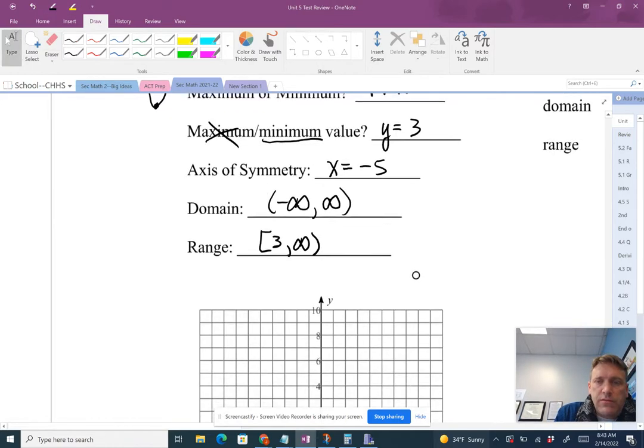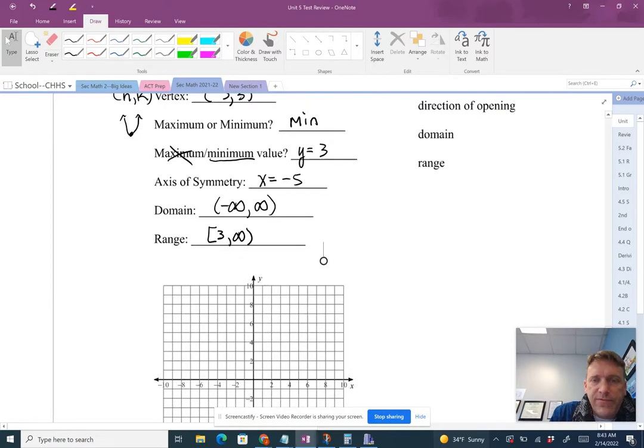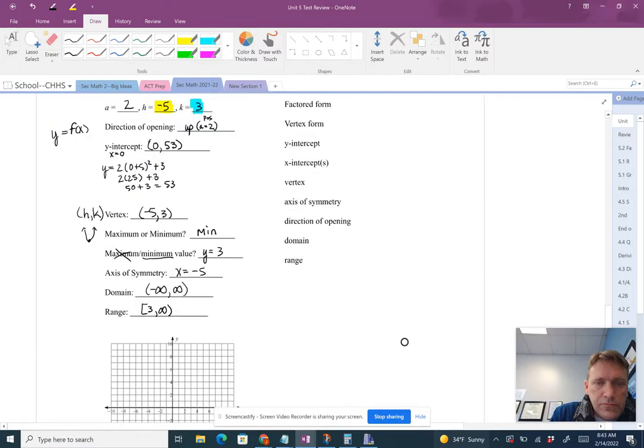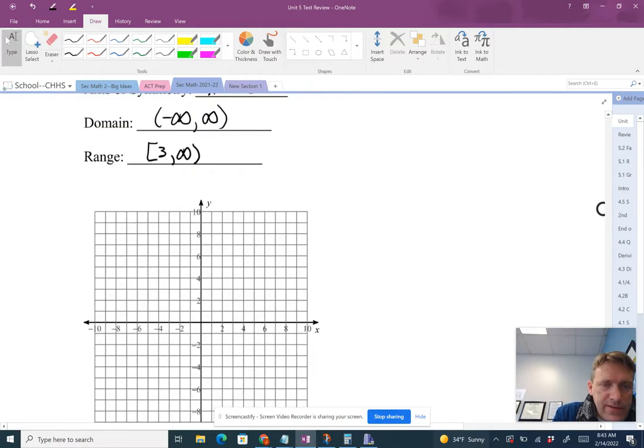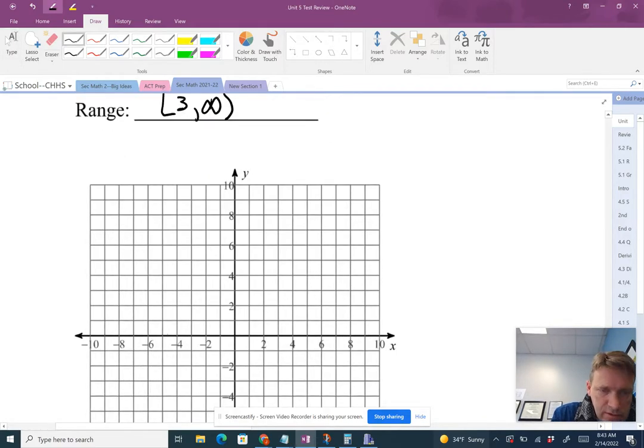So then we can graph this. We go to our vertex, which is negative 5 comma 3. Go over to negative 5, up to 3. Negative 5 comma 3. And then its axis of symmetry.